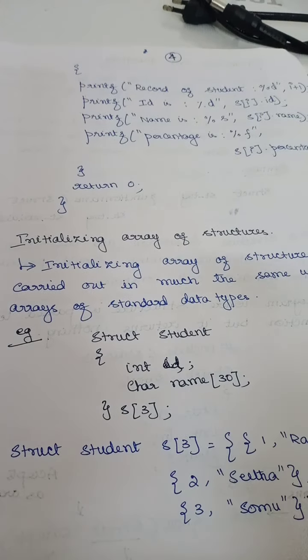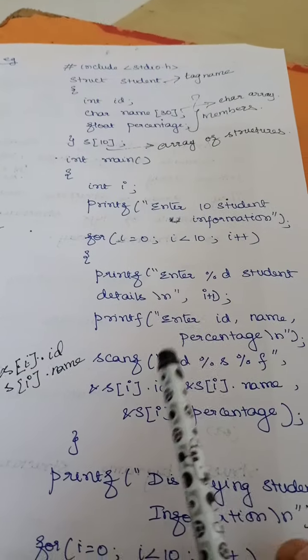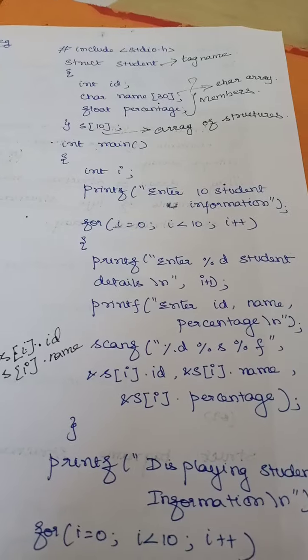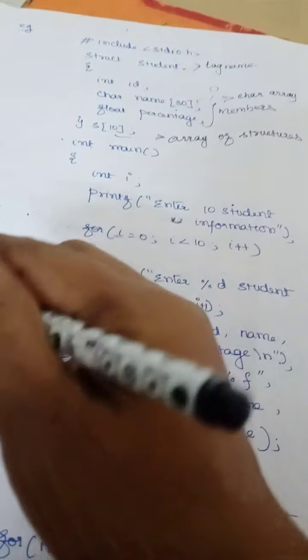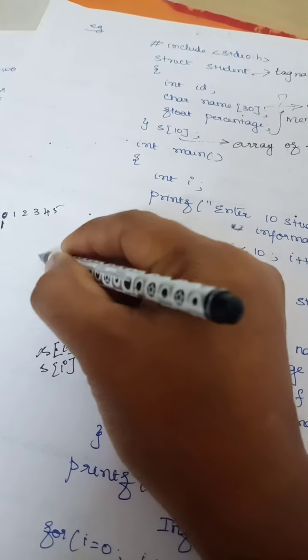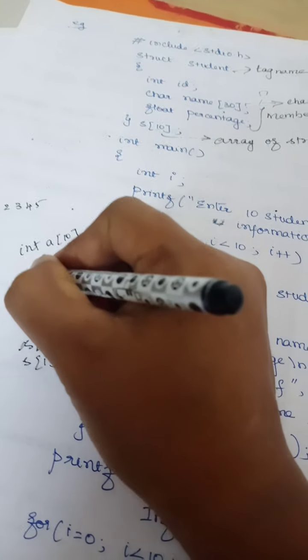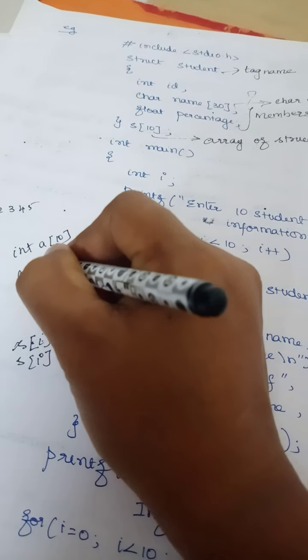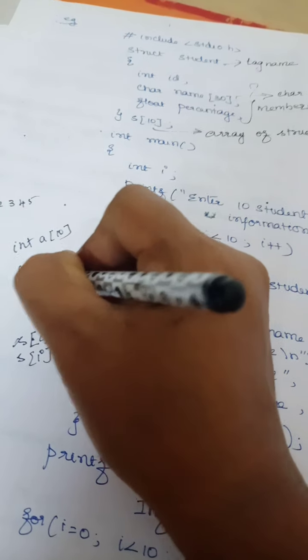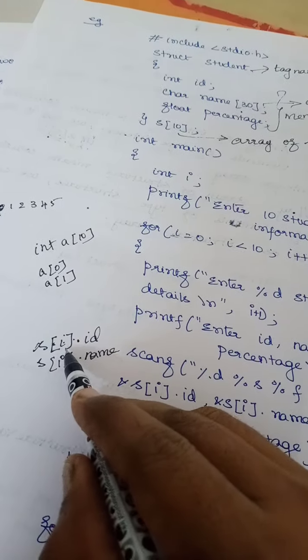Now, have you understood this program? Here it is nothing but an array of structures. Generally, if I have int a of 10 and want to access an array element, I write a of 0, a of 1. The same thing we have done here.